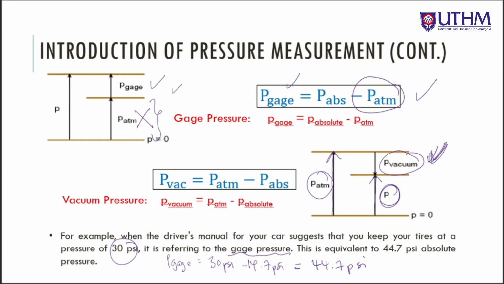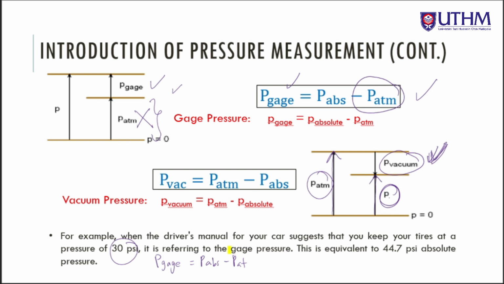Okay? Because we need to consider... sorry. I misunderstood. No wonder it was confusing. Sorry, let me correct it. Okay. P gauge equals P absolute minus P ATM. So when it says the manual suggests to keep your tires at a pressure of 30 psi, this 30 psi is actually the gauge pressure.